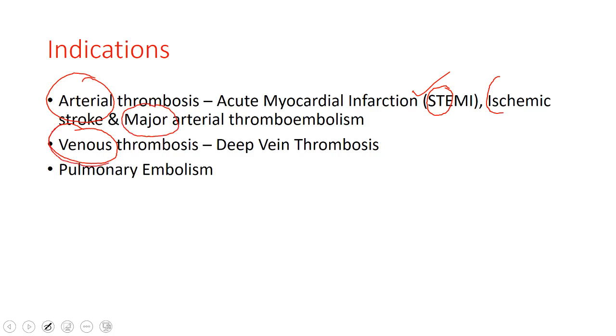Amongst venous thrombotic disorders, it's DVT. If you don't adequately treat, it might result in pulmonary embolism. So all these are the important indications for preferring to administer one of the thrombolytics.